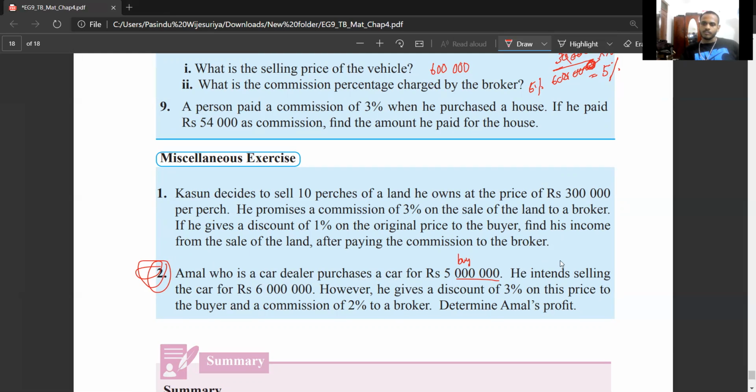However, he gives a discount of 3% on this price to the buyer and a commission of 12% to a broker. Determine Amal's profit. So in this sense, you have to remember discount එකක් දෙනකොට, here this is a very interesting question.